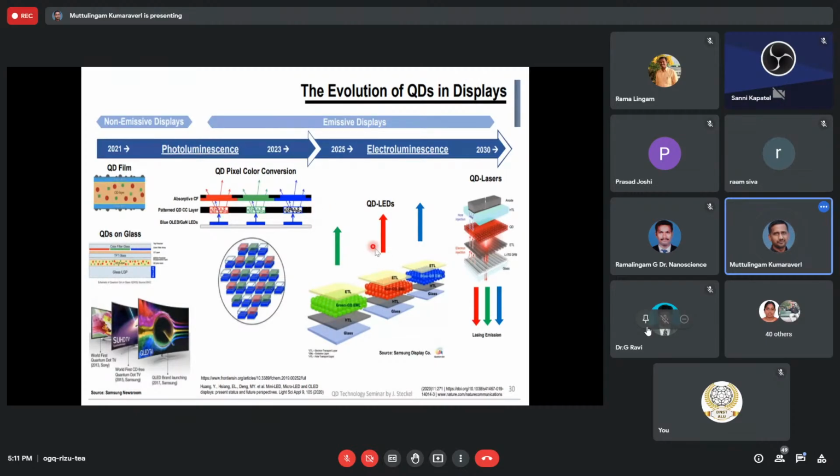Then most probably from up to 2025, quantum dots themselves will emit, and it will make more saturated colors. Displays will be available, and another product they are expecting is the QD lasers. It will be in the market after 2030, and they will use it for displays.